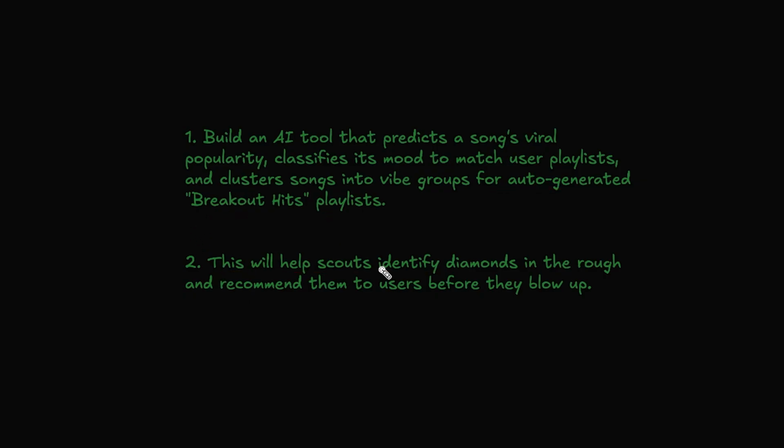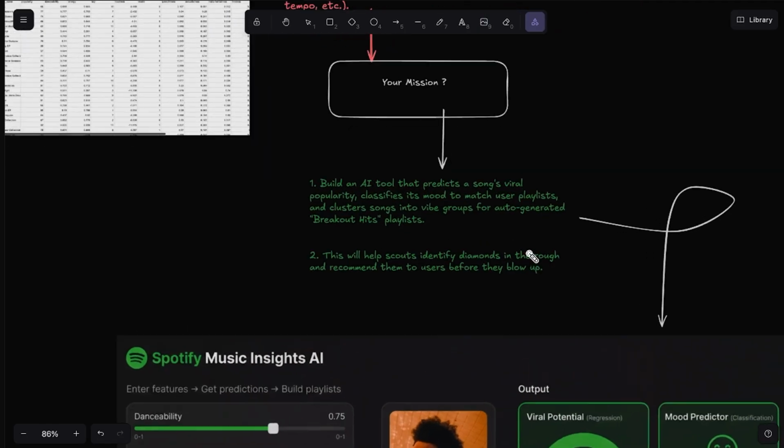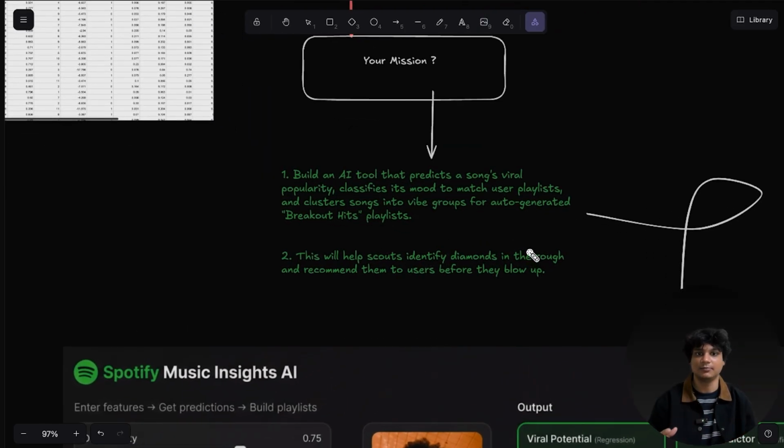This will help scouts identify diamonds in the rough and recommend them to users before they blow up, because the user is nothing but he or she just tapping their phone. Internally, how the AI model starts recommending to them, that is very important, right? Based on the artist album submission, which song should come first in the user's profile based on the virality score.